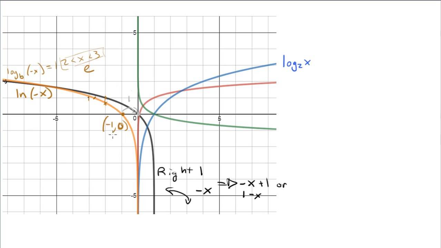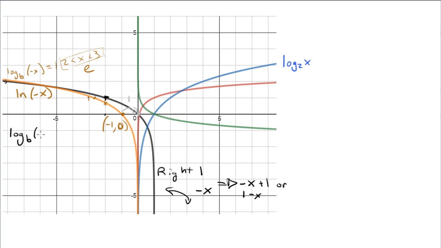If I go to negative 2, that's at 3. So negative 1, negative 2. And this is right here at 1. Okay, so we've got the log of some base.